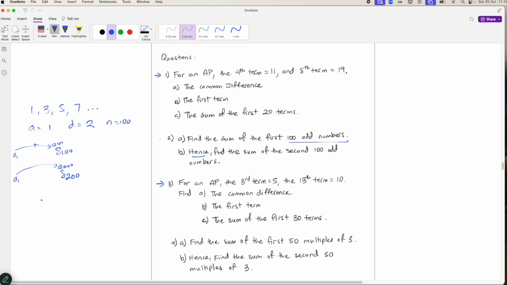And then you minus the sum of the first 100 from the sum of the first 200. So this is the sum of the full first 100, this is the sum of the full first 200, and then you'll find the sum of the second 100. If you understand what I mean. And these are just hints here.